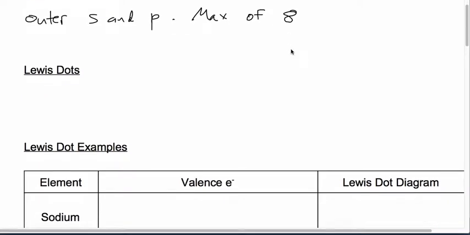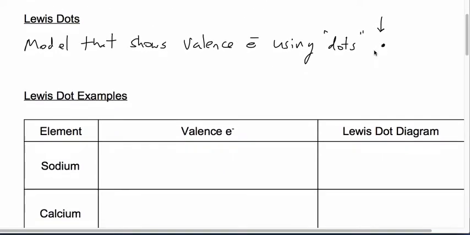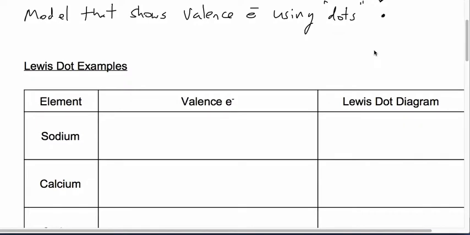The Lewis dots are a model that shows valence electrons using cute little dots. Yay. In case you didn't know, that is a dot. Okay, so let's see some examples as to how to get the valence electrons.